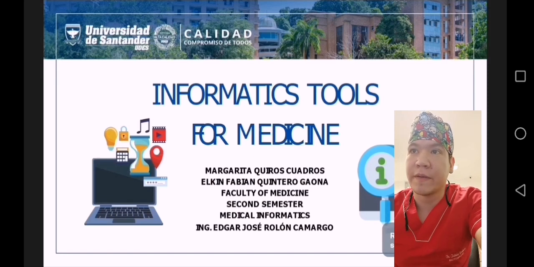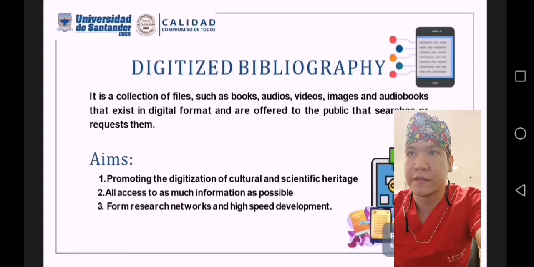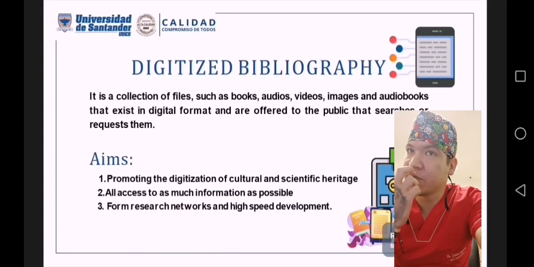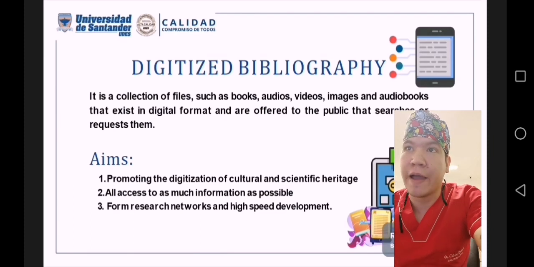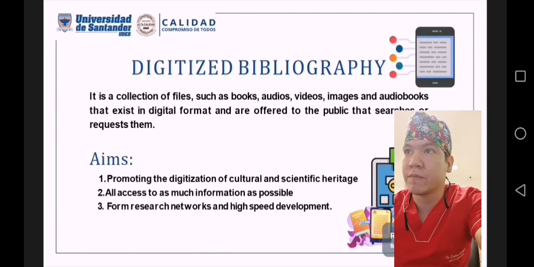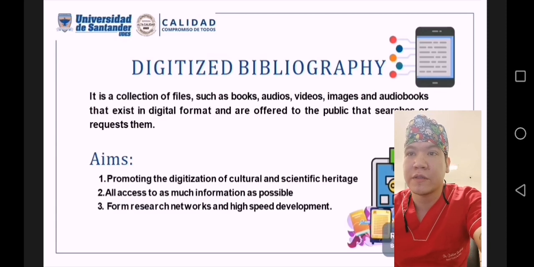And now we have the informatic tools for medicine. It's an important thing. We have the digitized bibliography. It's a collection of files such as books, audios, videos, images and audiobooks that exist in digital format. What are the aims? Promotion of digital culture and access to all information in general.